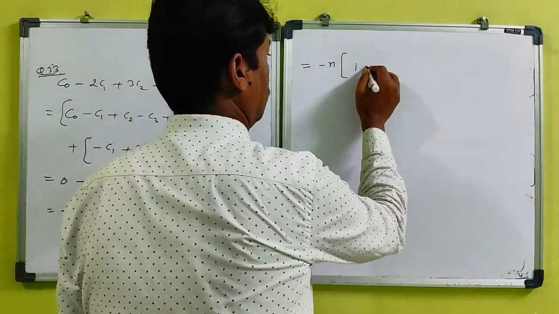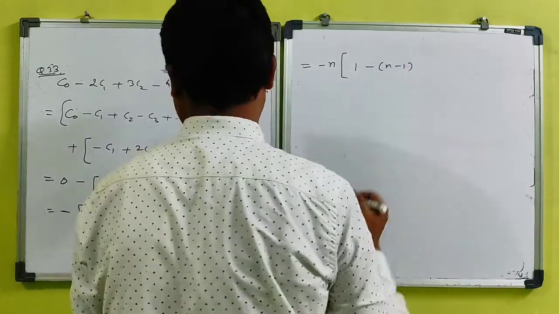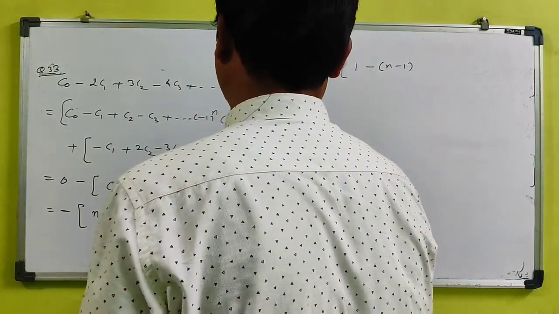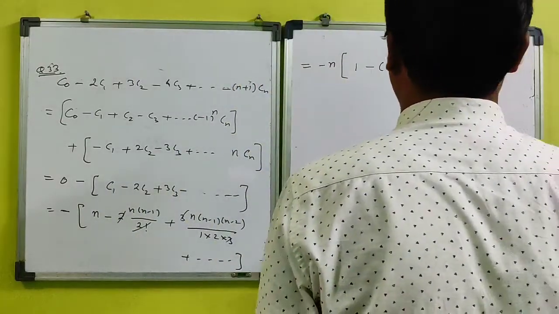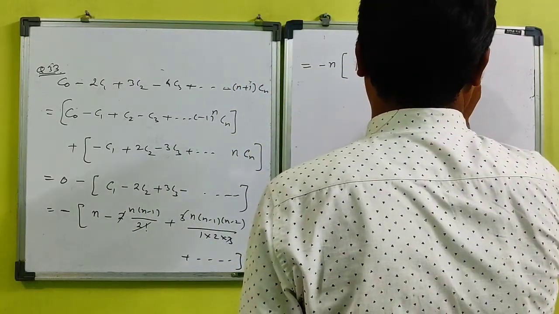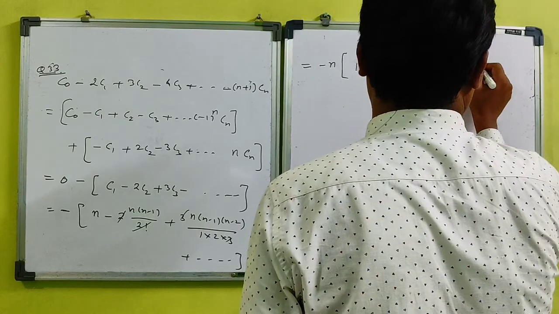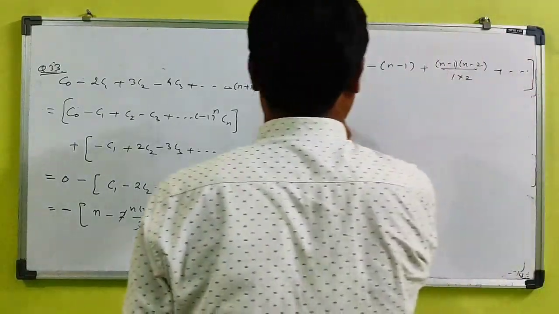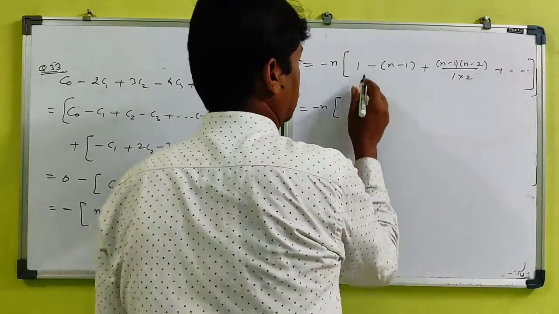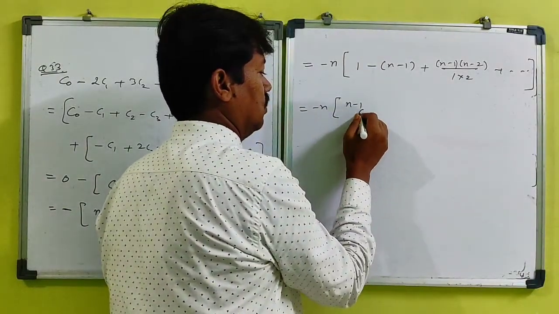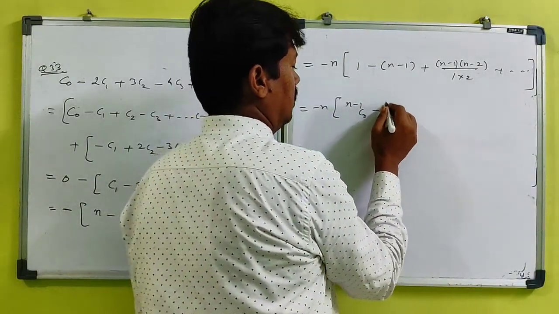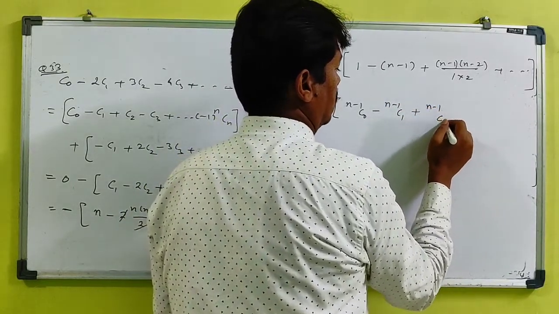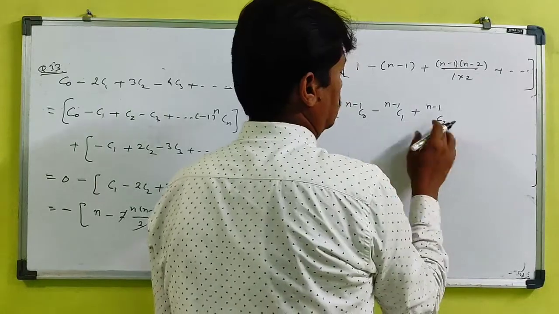So it is 1 minus (n minus 1). This 3 cancels, n is out, so it is n minus 1, n minus 1, n minus 2, 1 into 2, like this. So that is nothing but minus n, times (n minus 1)C0 minus (n minus 1)C1 plus (n minus 1)C2, like this.